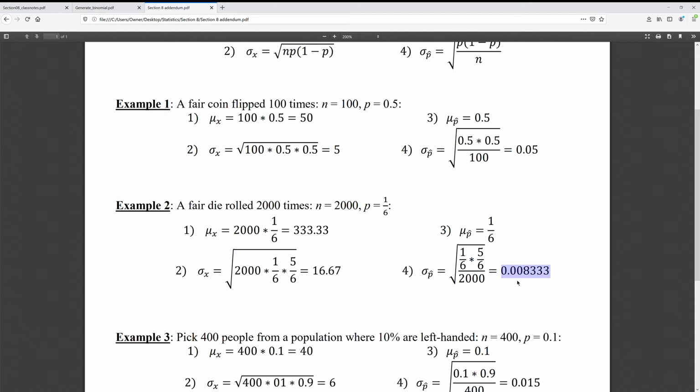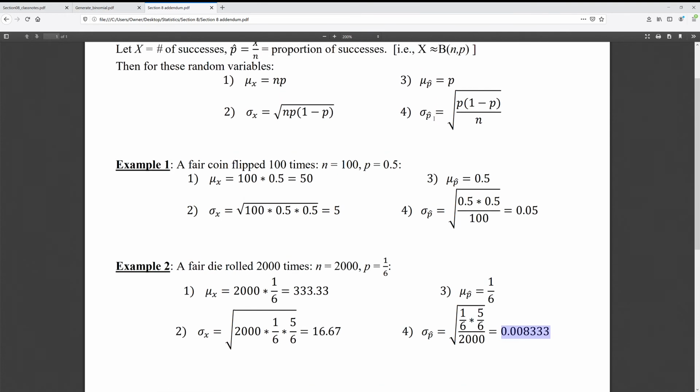Now again, the thing to notice here is that this number is very small. Remember, on its worst day, p hat is between 0 and 1, and it centers around 0 point something, right? And on its worst day, it's back there at 0 or up there at 1.